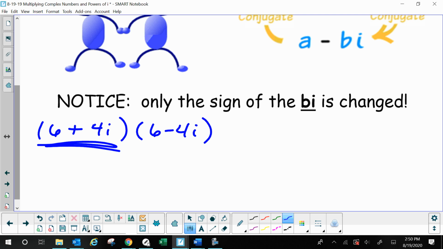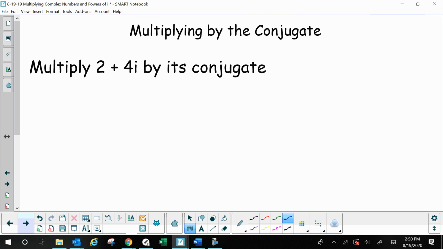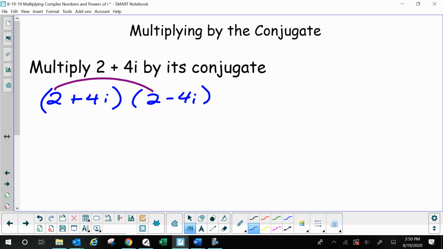If it tells you to multiply. So the next one, we're going to do that. We're going to figure out what the conjugate is, and then we're going to multiply. So if we have 2 plus 4i, the conjugate would be 2 minus 4i. What is 2 times 2? 4.